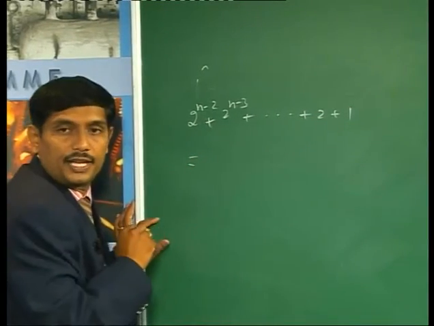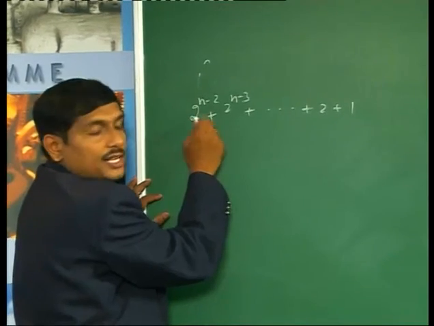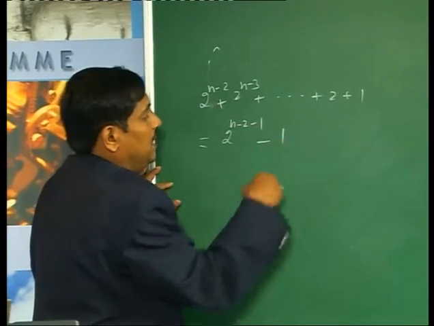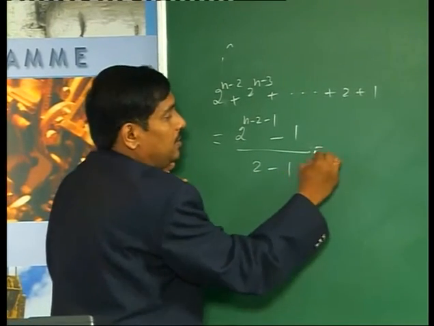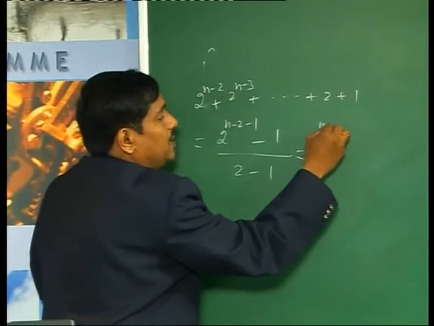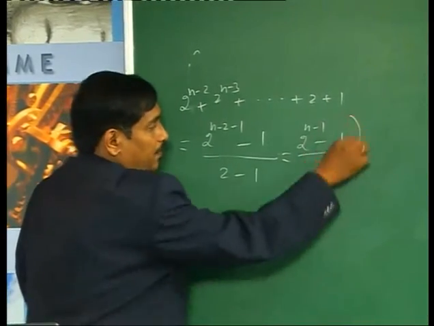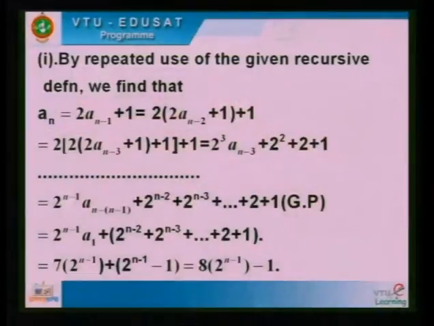This function becomes 2 to the power of (n-1) minus 1, divided by 2 minus 1, since r is 2, which is 1. This we have substituted here.